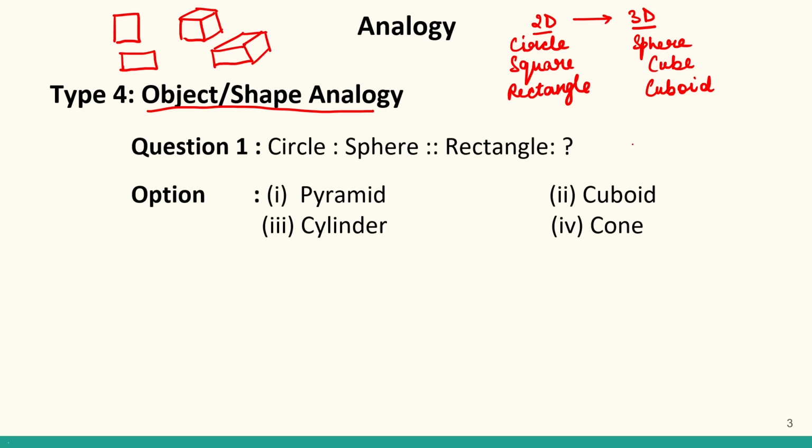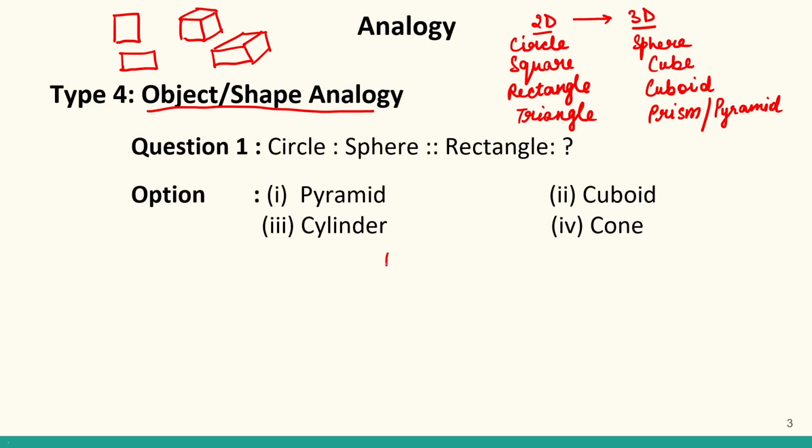This is a cuboid. Next, for triangle, which is a 2D figure, its corresponding 3D figure can be called either a prism or a pyramid. So this is what we discussed earlier.